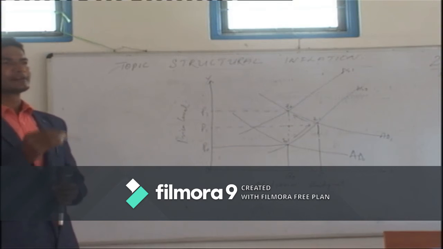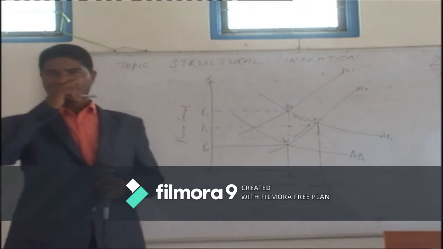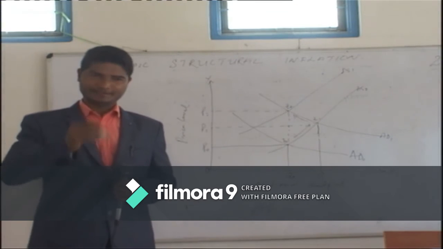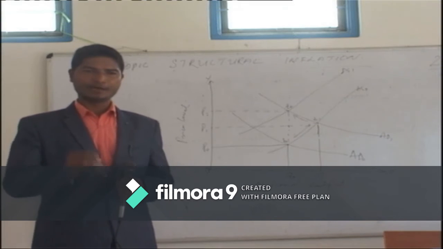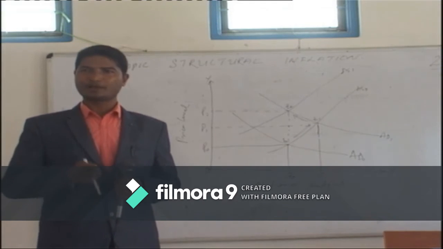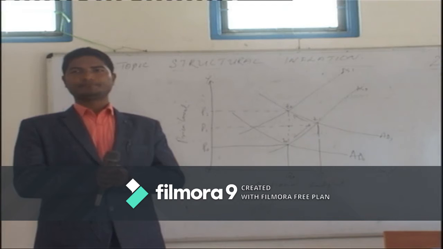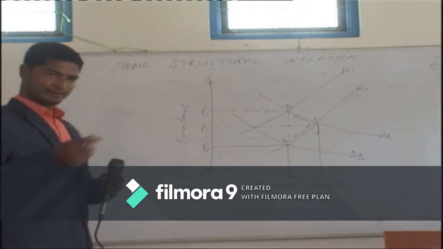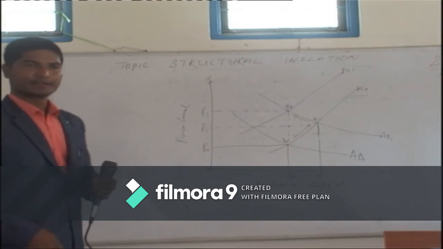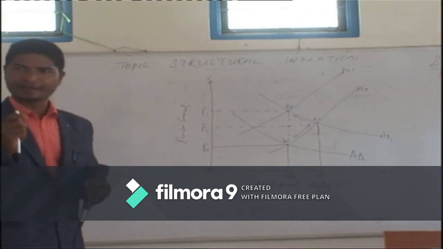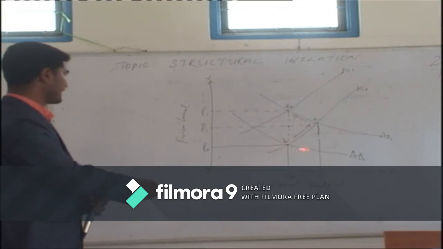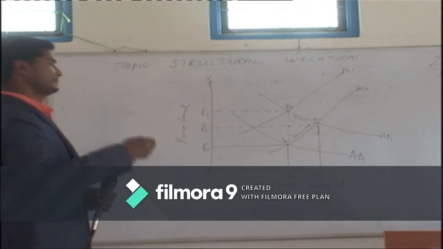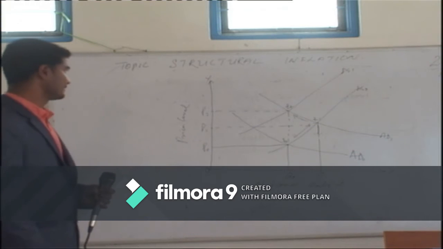When there is a rise in government expenditures and also an increase in deficit financing, there will be more money supply within the economy. With more money within the economy giving rise to aggregate demand, this aggregate demand curve shifts to AD1.